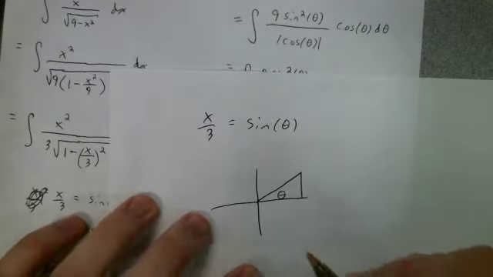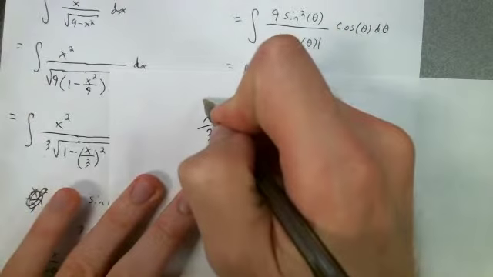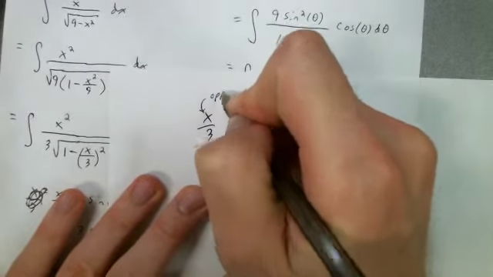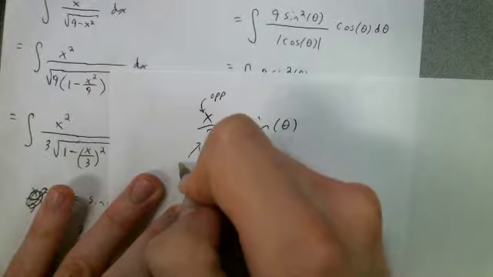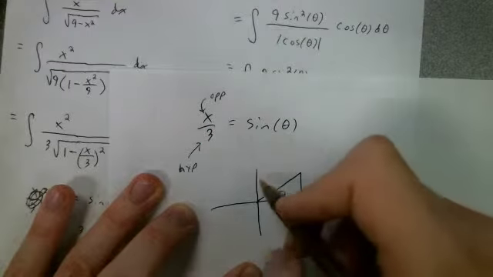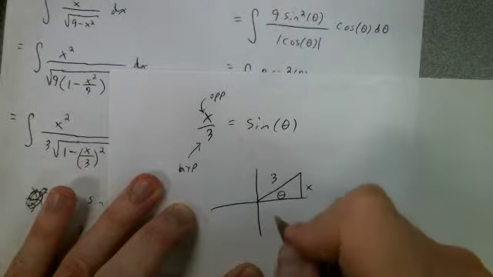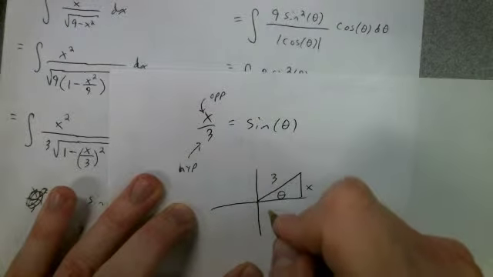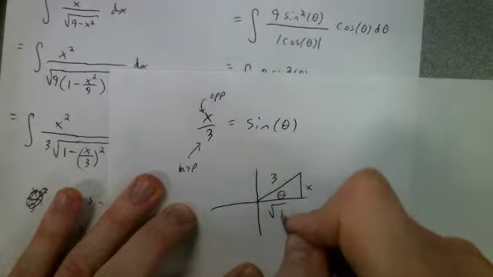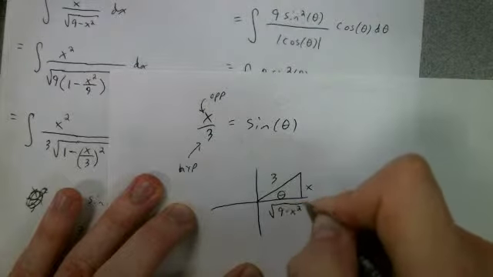Sine is opposite over hypotenuse. So in my triangle, my hypotenuse is 3. My opposite side will be x. Use the Pythagorean theorem. That will make this side √(9 minus x squared).